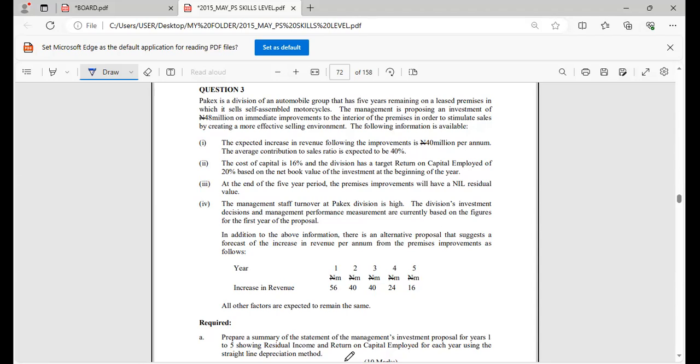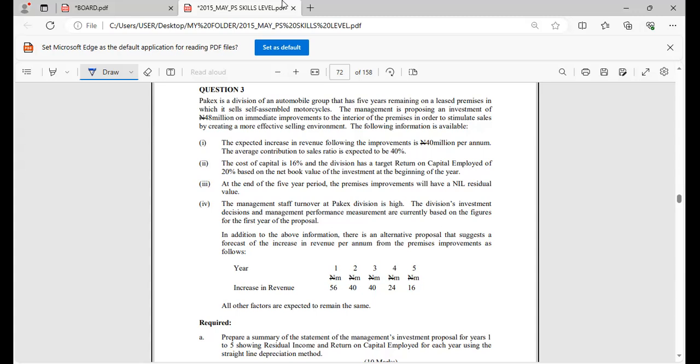The following information is available. 1. The expected increase in revenue following the improvements is 40 million per annum. The average contribution to sales ratio is expected to be 40%. 2. The cost of capital is 16%, and the division has a target return on capital employed of 20% based on the net book value of the investment at the beginning of the year. 3. At the end of the 5-year period, the premises improvements will have a nil residual value.